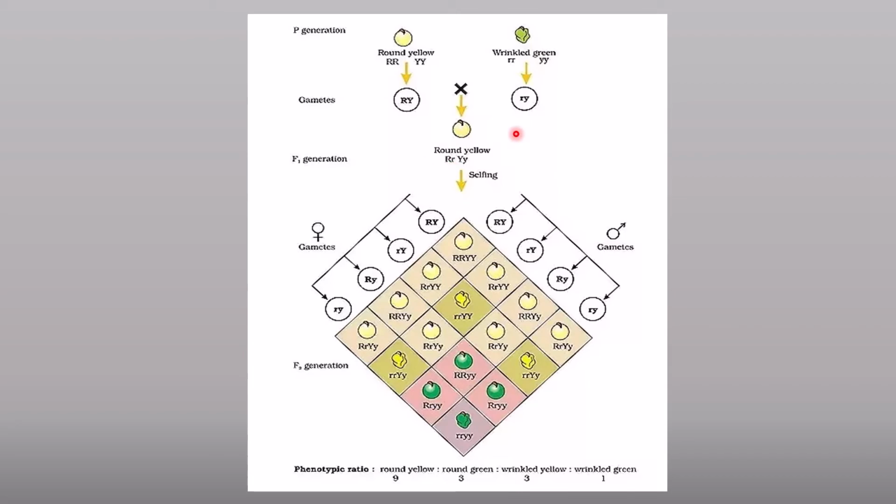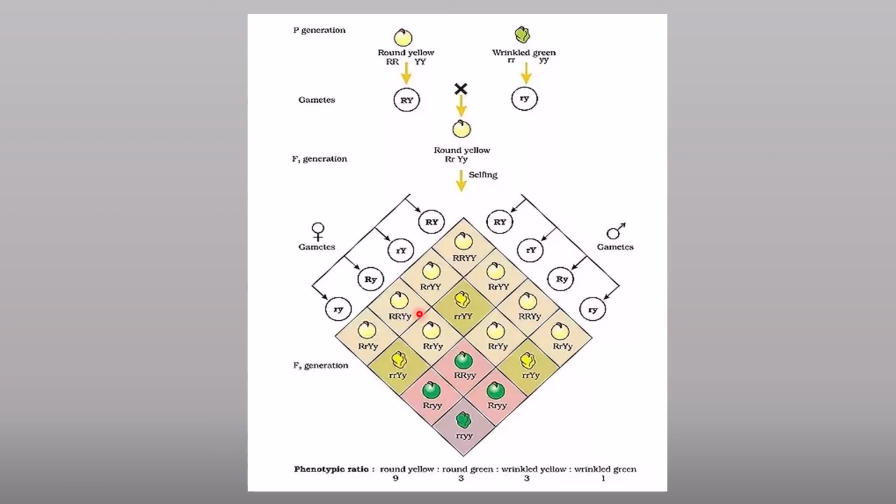And when F1 offspring were crossed to each other, the F2 generation had four different kinds of plants. The parents were of two types, but the F2 generation had four types.